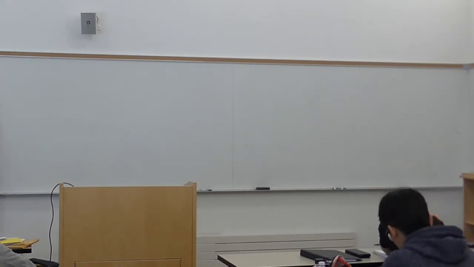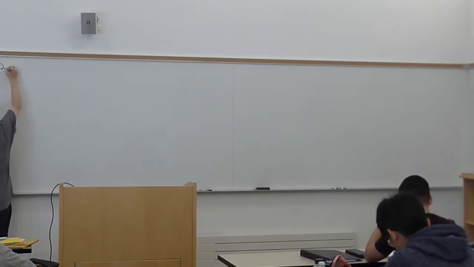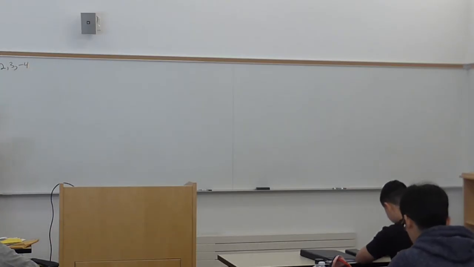I have a polynomial, and I know it has zeros at 2, 3, and minus 4. And I'm going to try and construct that polynomial.